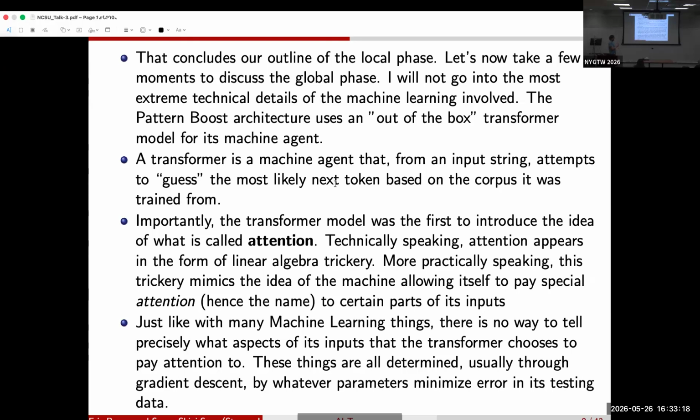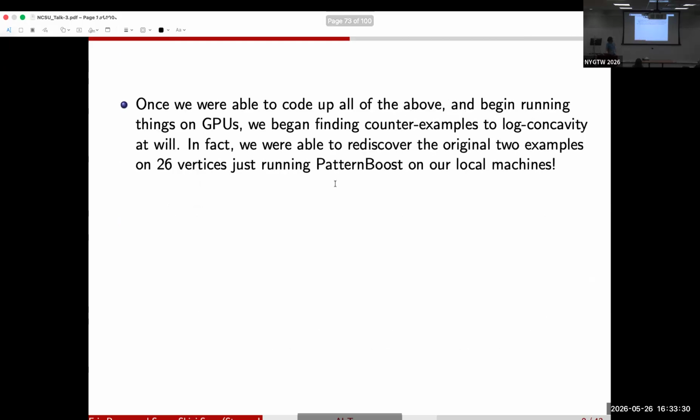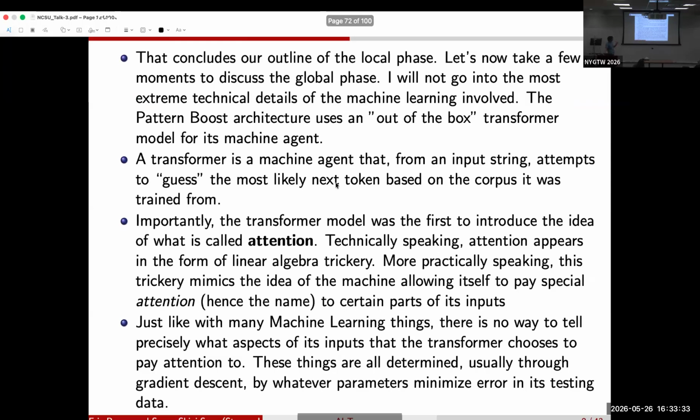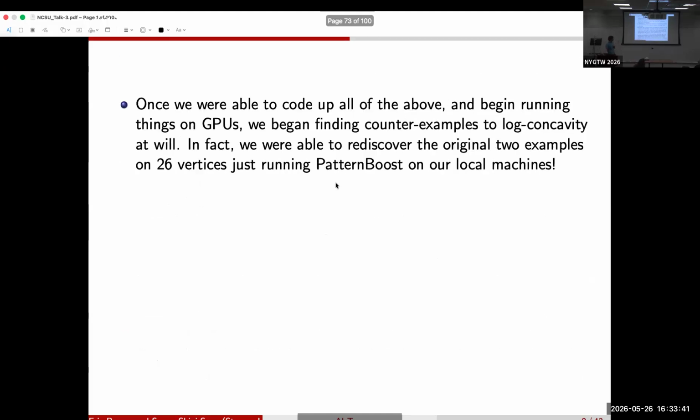But it is generally impossible to know what exactly it is paying attention to. Sometimes you can tease it out, but the vast majority of the time you cannot. Okay, anyway, that was an extremely brief overview of what a transformer is, and this is the machine object that's being used in what we're doing.